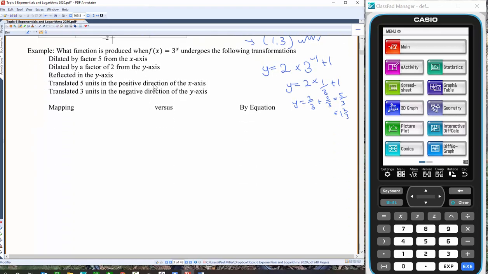What function is produced when this undergoes the following transformations? Let's map this thing. Dilated by a factor of 5 from x changes the y. Dilated by a factor of 2 from the y-axis changes x, 2x, 5y. Reflected in the y-axis changes x.